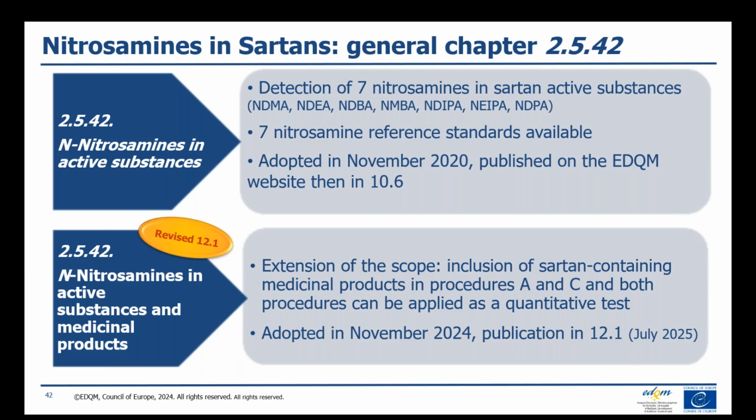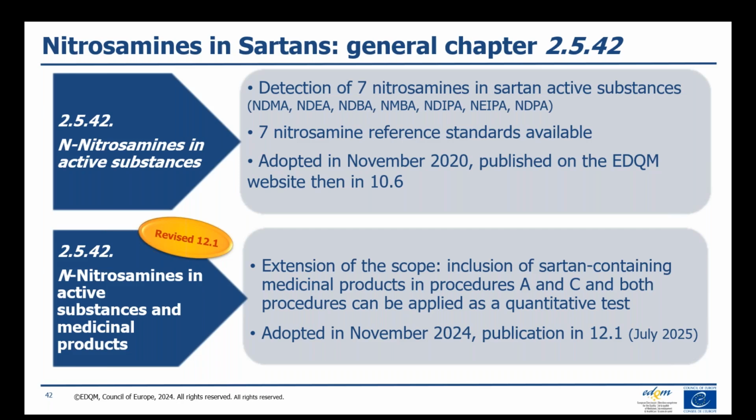In fact, there are two procedures, A and C, which allow the control of nitrosamines in medicinal products. And something which is also new is that these two procedures can be applied as a quantitative test. This revised text was only adopted in November, so last month, and will be published next year in July.